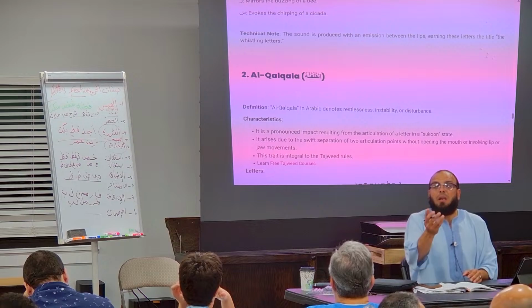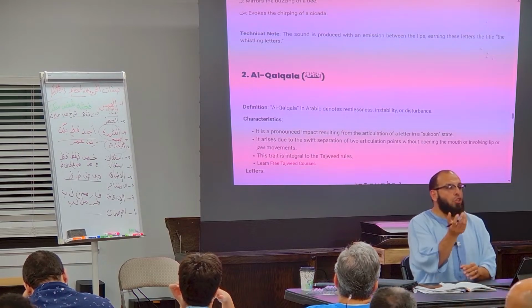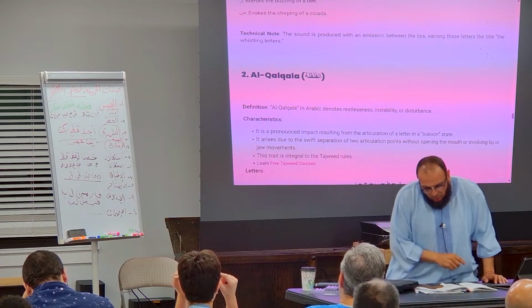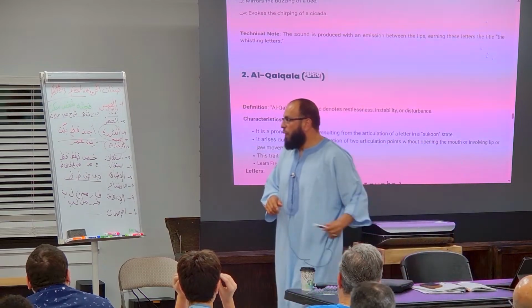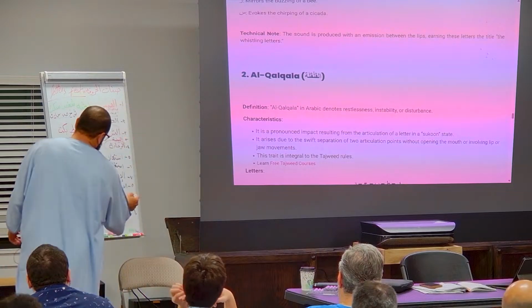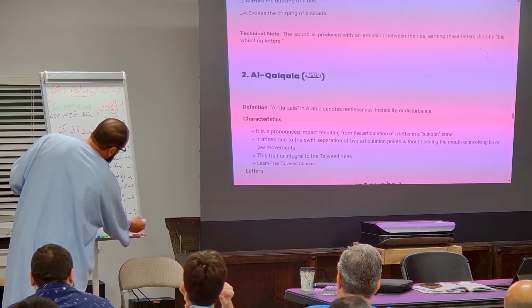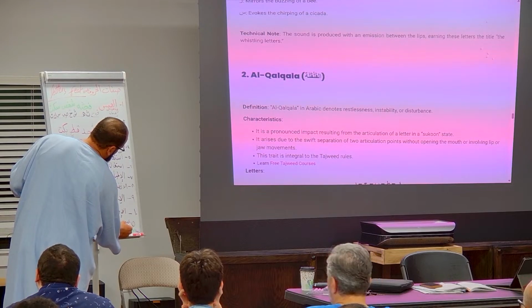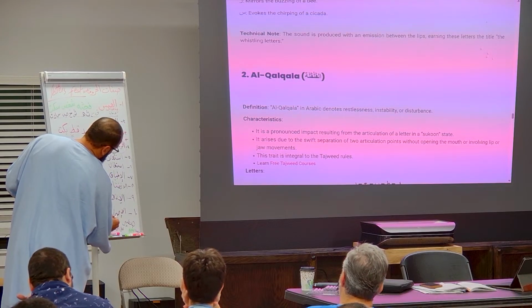القلقلة is اضطراب المخرج. The makhraj, you will shake the makhraj as you say. What are the letters of qalqala? This is one of the most famous صفات. So these are the tens, and then we have صفير, noise, with sin, صاد, and zay. قلقلة.